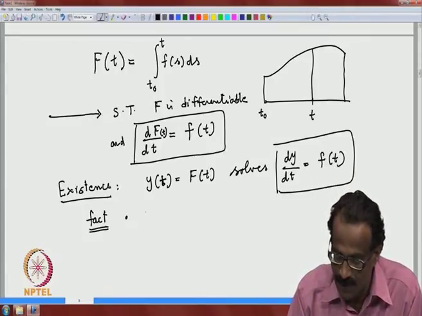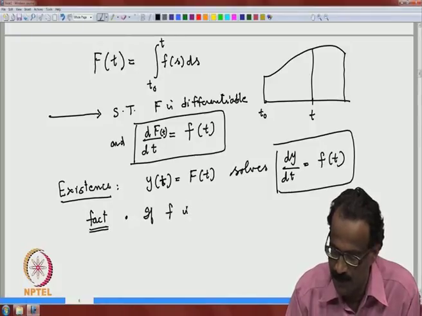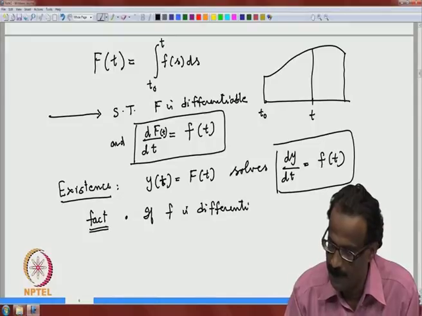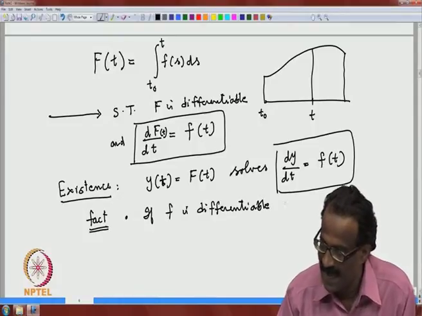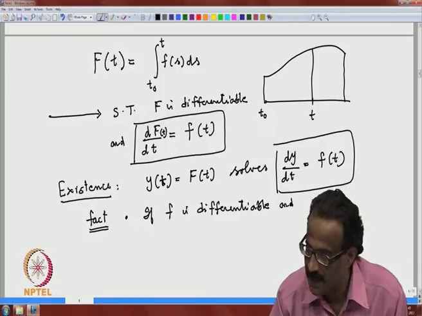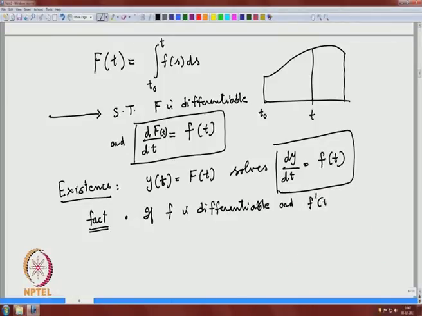This tells you that if F is differentiable and F prime of t equal to 0 for all t, then this implies F is constant. This is a non trivial fact actually, one needs to prove it or understand it. That is why I am writing down the fundamental theorem of calculus, all the development in 3 parts.